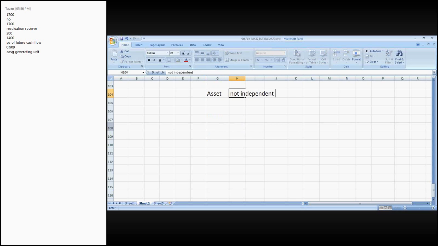Yes, one asset alone cannot do anything. So if one asset is not independently able to generate economic benefits, I'll consider asset 1, asset 2, asset 3, asset 4 as part of a cash generating unit.